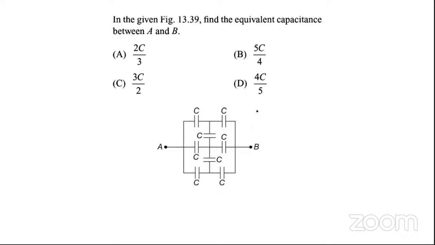See, there's a concept used to solve these types of circuits, which is just like a Wheatstone bridge, or you can say an extension of the Wheatstone bridge, in which if you view the circuit from the direction of A, and if you view the circuit from the direction of B, and it appears the same, then you can remove the line of symmetry in the middle.